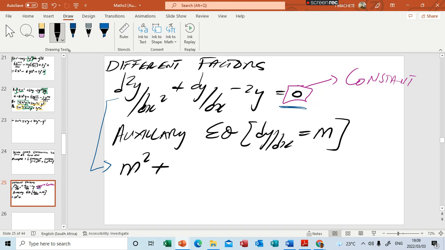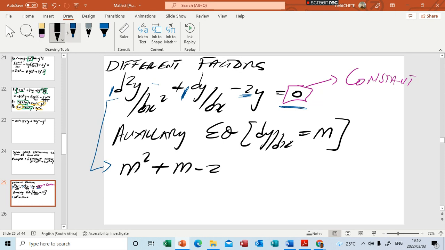Plus, because you see here everything is squared. So it's m squared plus m minus 2. You see there it's 2. There's no dy over dx, so you only write that coefficient. You see here the coefficient was 1, the coefficient here was 1 as well. In front of dy over dx it was 1.